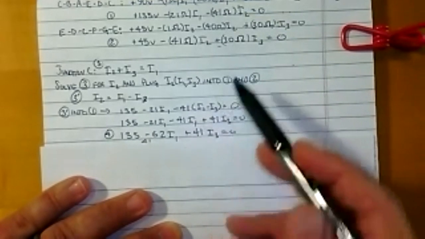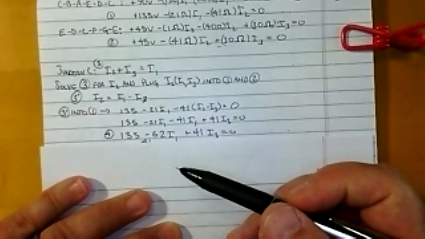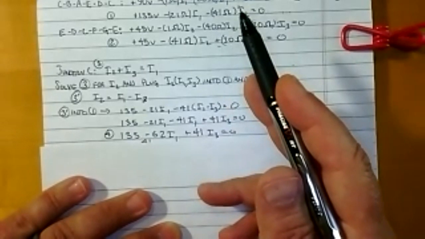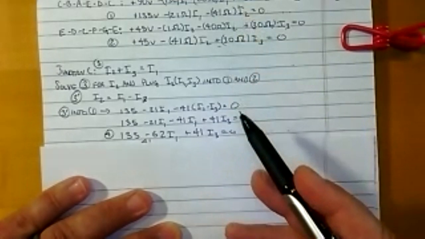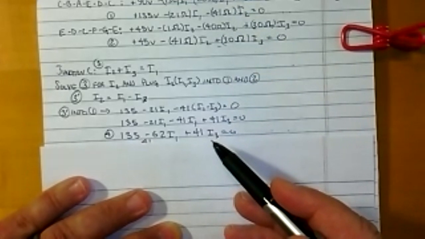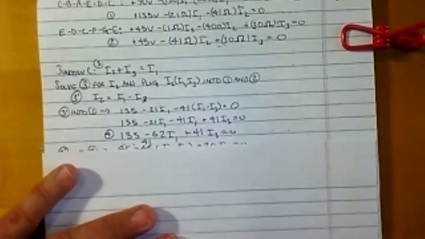You want to try to keep the least manipulated equation. You want to use that to substitute stuff into, just in case you made any arithmetic errors. It's less likely that using one of these equations is going to give you a problem, whereas this one, since you've done so much stuff to it, it's more likely to be wrong. So anyways, I'm still doing it in this one. That's not the best practice, but just be advised. All right, so that's equation 4.